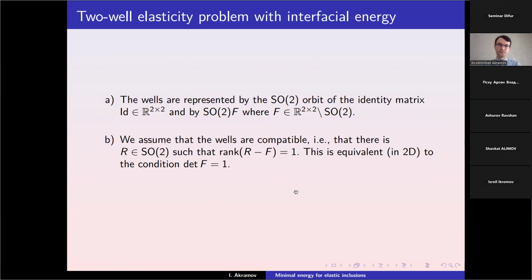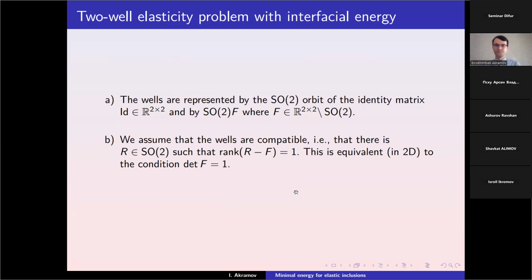Just a second, I don't understand. We assume that the wells are compatible, so there is R such that the rank of R minus F equals 1, and this is equivalent to the condition that determinant F equals 1.